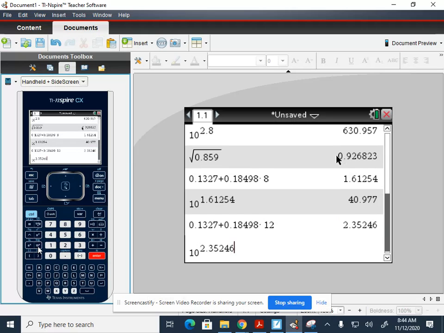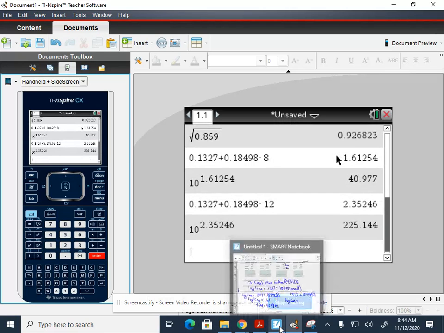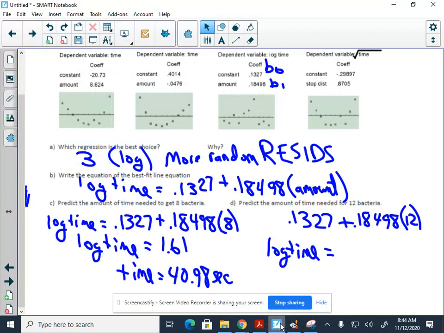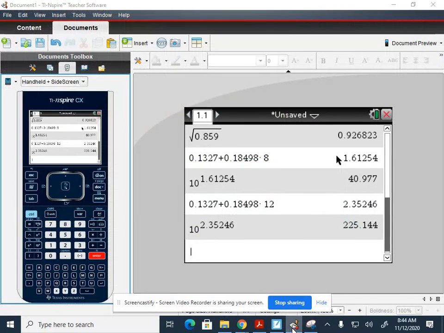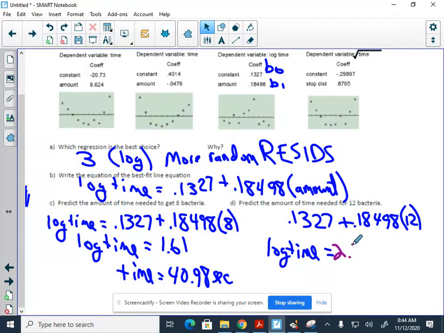Go 10 to that power. We get 225.44. So time is 225.44 seconds.